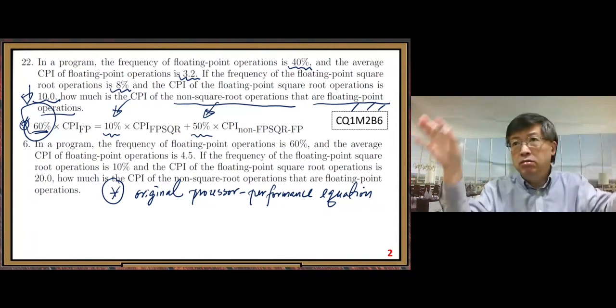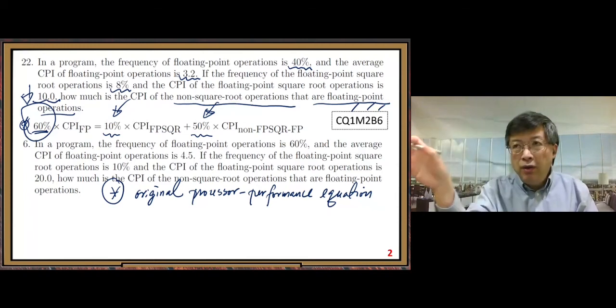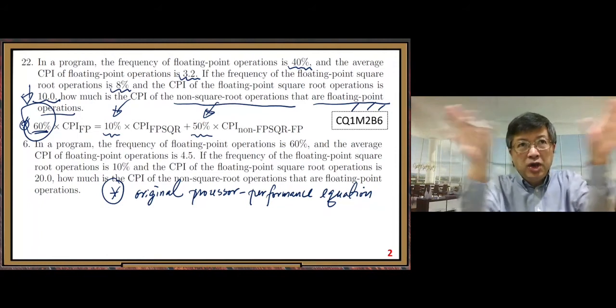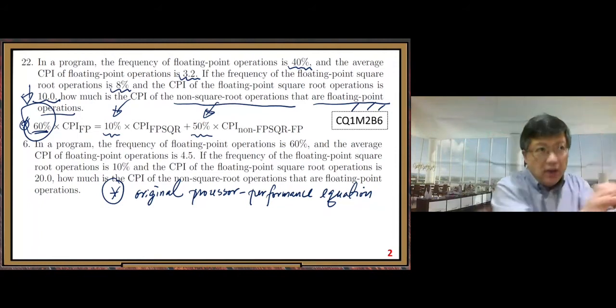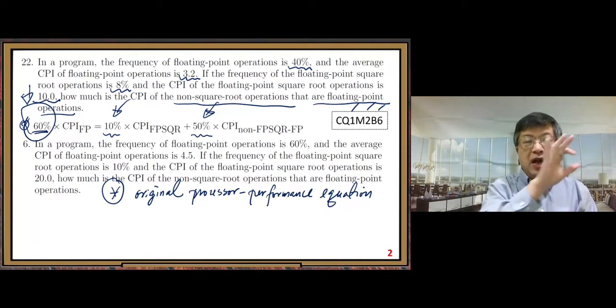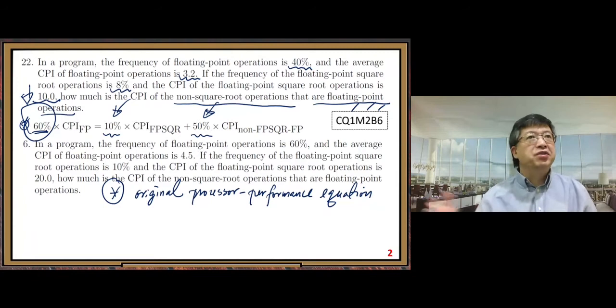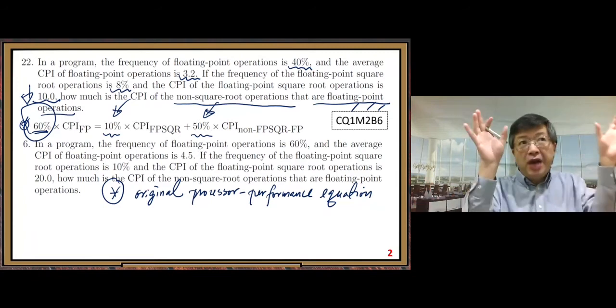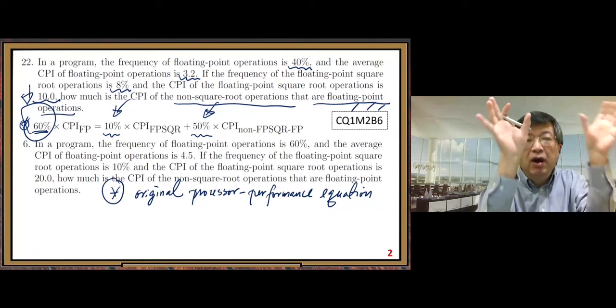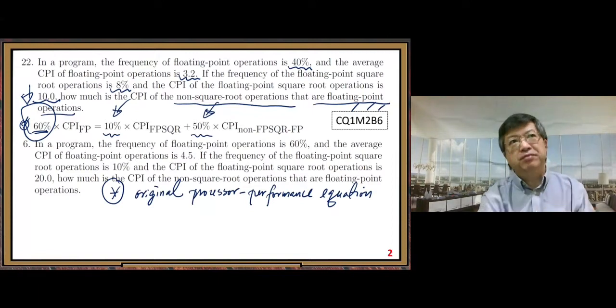That's not compatible, right? So for that reason, you should put the total sum of the frequencies at the left-hand side. In that way, left-hand side and right-hand side, you are looking at the same group of operations. Otherwise, you look at different groups of operations. So now you look at the same group of operations, floating point operations. So that's the reason.